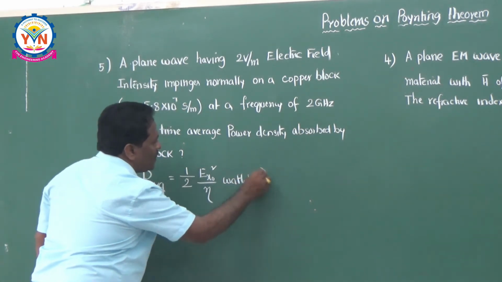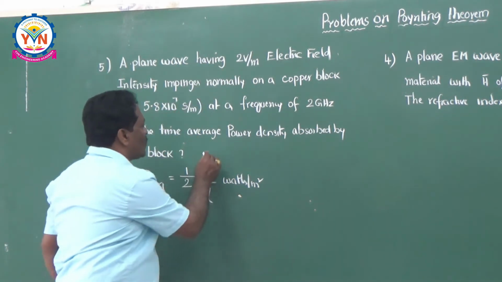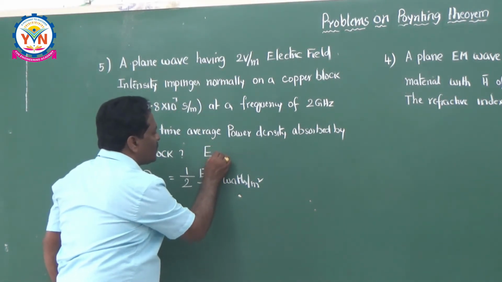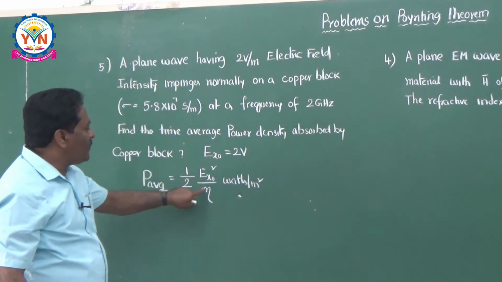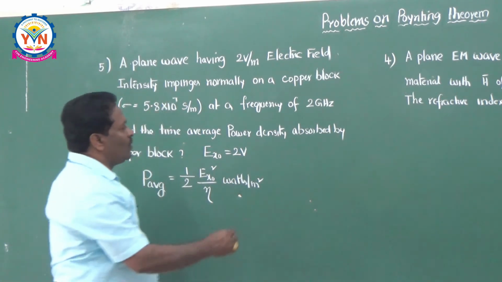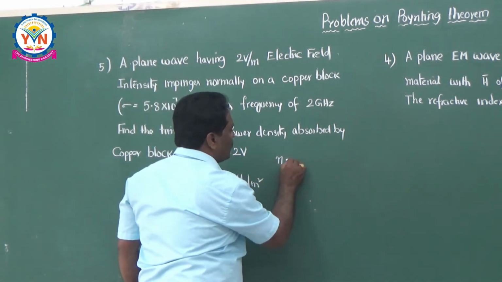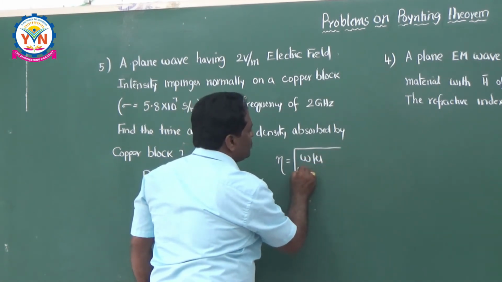Now here Ex naught is already given. What is Ex naught? 2 volts per meter. But for finding this eta, as it is a good conductor, you know the formula, eta is equal to root of omega mu by sigma.